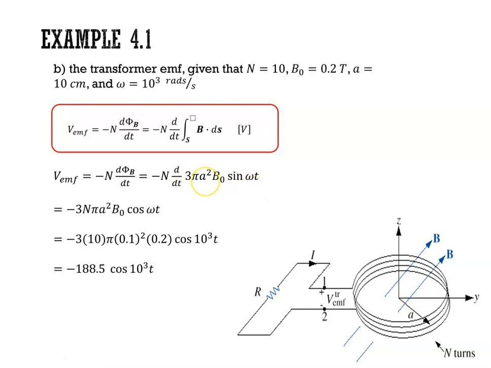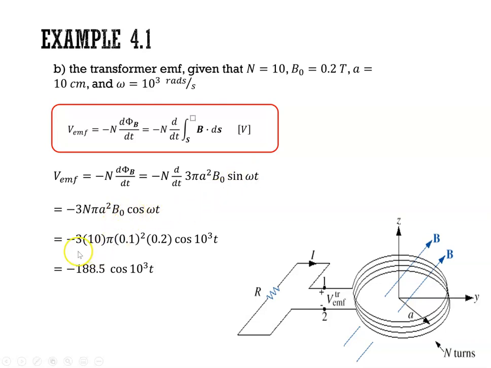So you have to differentiate with respect to t, d/dt over here. So you will have minus 3Nπa²B0 ω cos ωt. So sine has become cos.